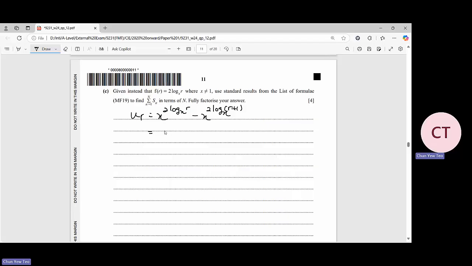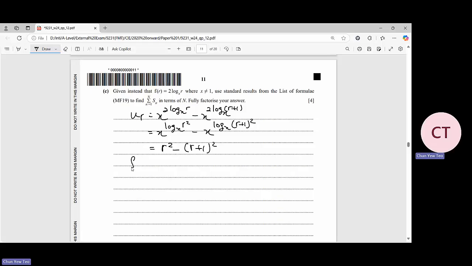We can make this become x^(log base x of r squared) minus x^(log base x of (r+1) squared), and we will have r squared minus (r+1) squared.